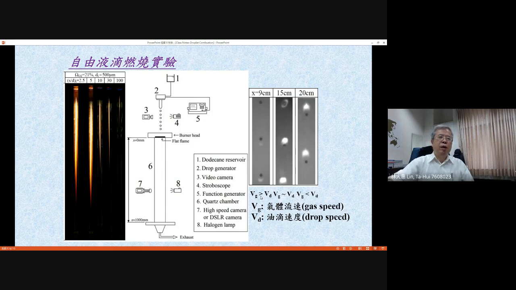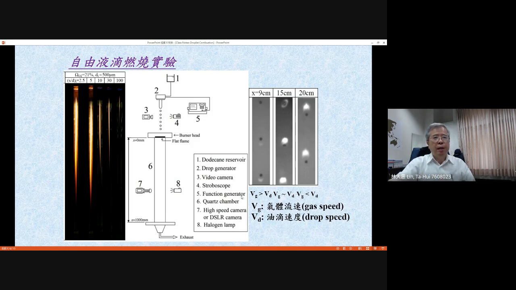That means you will have a relative velocity between droplet and the gas, pointing to the downstream side, downward, and this relative velocity will push, just like the flow stream as I described, acting on the burning of the droplet, and push your flame to extend a longer distance, in this case on the upstream side of your droplet.